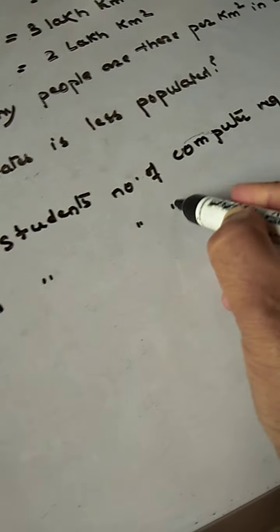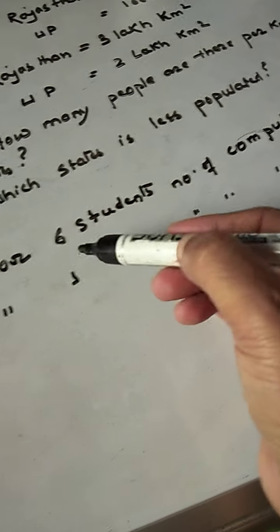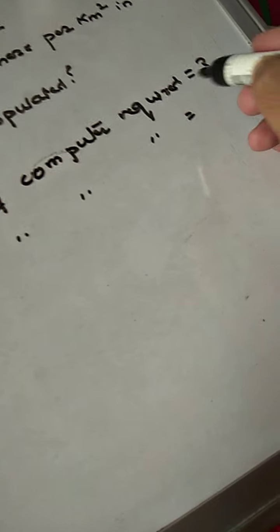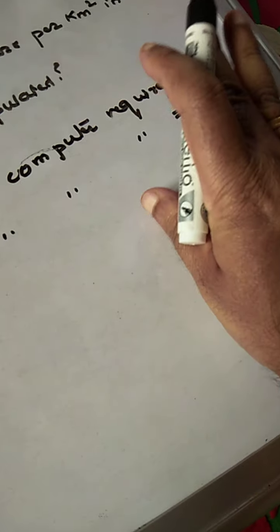Less or more? Obviously less, because 6 students need 3 computers. So 1 student will need fewer computers. So less means we have to divide, 3 divided by 6. We'll keep it like this only.